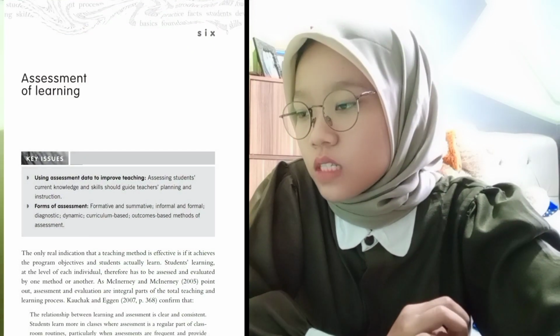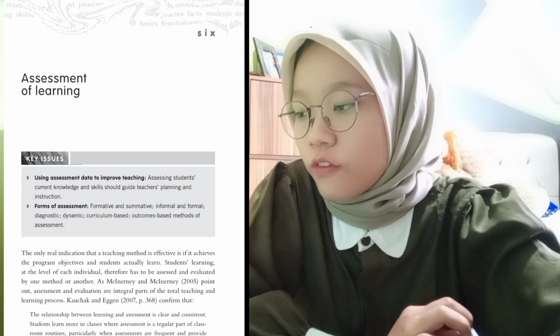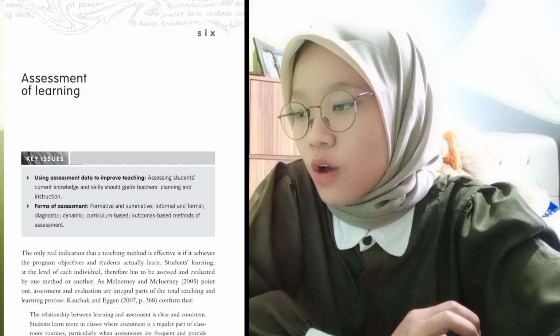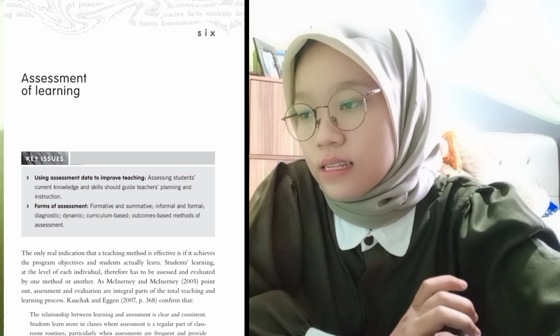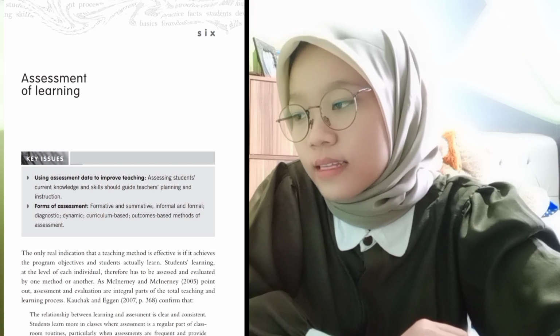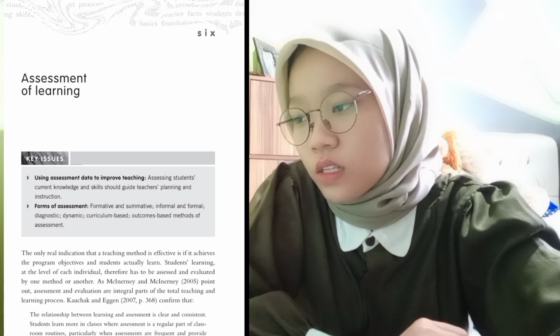For the next chapter, chapter 6, is assessment of learning. This chapter focuses on evaluating pupils' present knowledge and skills, which should serve as a guide for instructors' preparation and instruction.